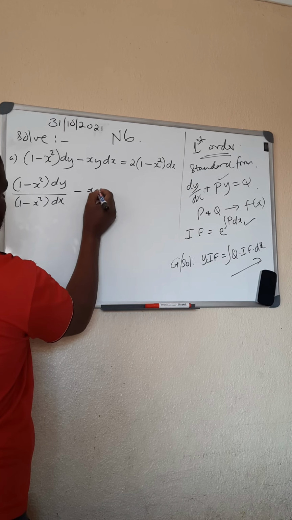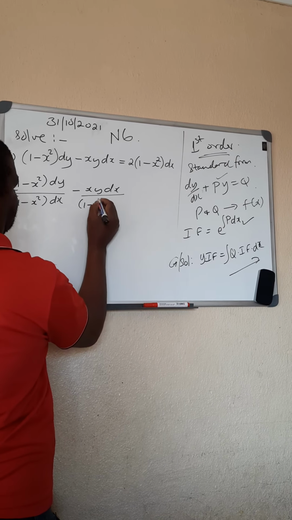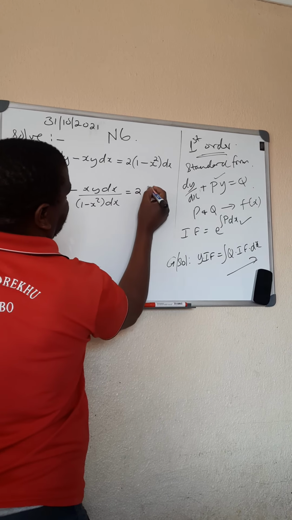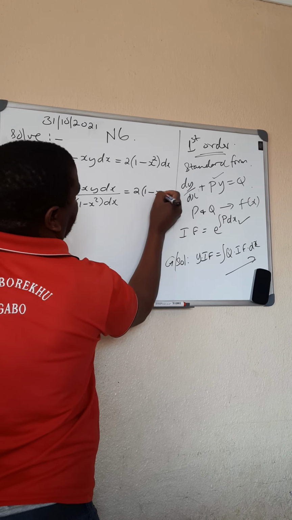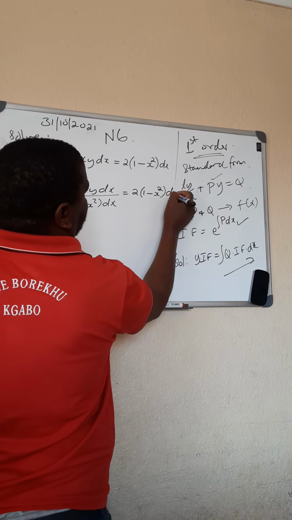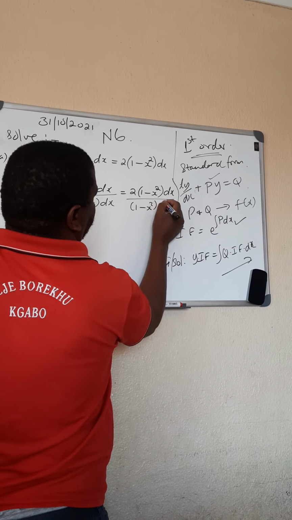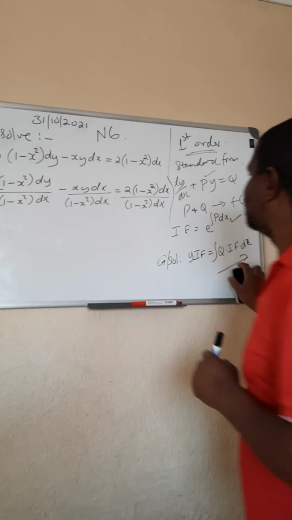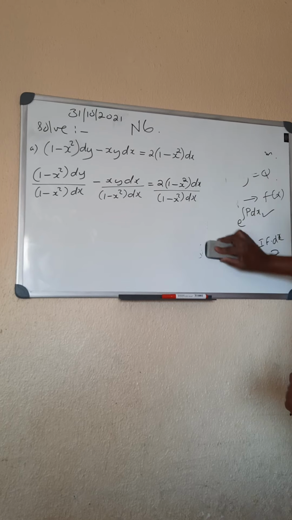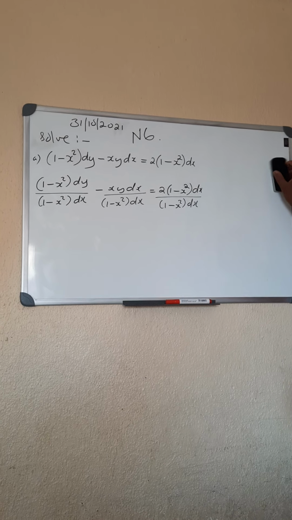I've got minus xy dx, divided by (1 minus x squared) dx. I've got equals 2 into (1 minus x squared) dx, divided by (1 minus x squared) dx. I have divided each participating term by bracket 1 minus x squared dx.